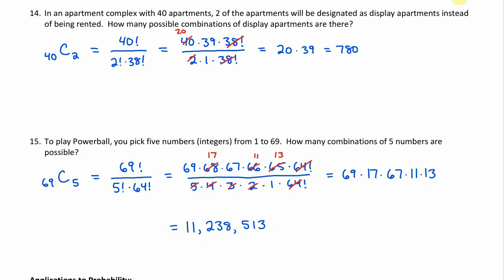Which is not the number for the odds on the back of the Powerball ticket. The number for the odds on the back of the Powerball ticket is actually this number multiplied by 26, because then you have to factor in the Powerball component of the ticket as well. But if you multiply this by 26, you get the number that's on the back of the ticket for what your odds are to win.